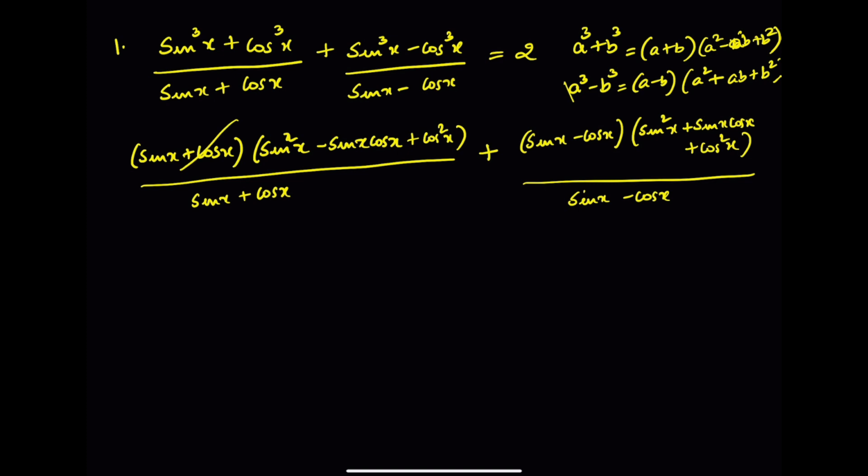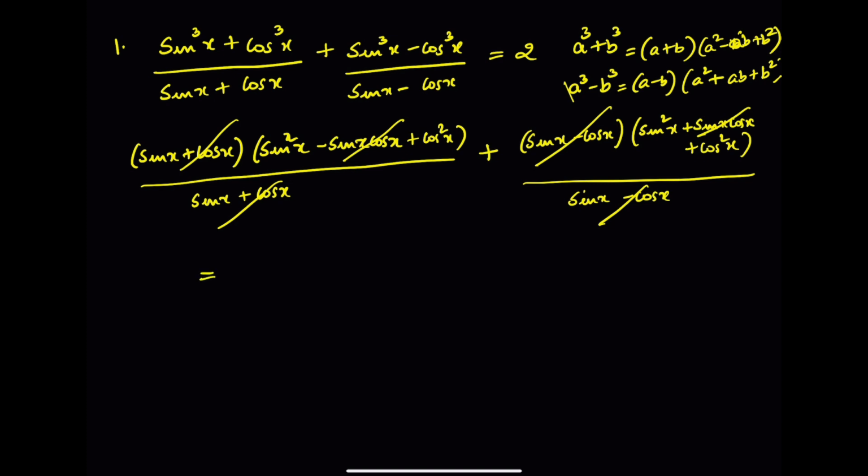Now we can cancel sin x + cos x in the first part and sin x − cos x in the second part. Now let's compare and see what else can be cancelled out. So minus sin x cos x and the positive sin x cos x get cancelled.